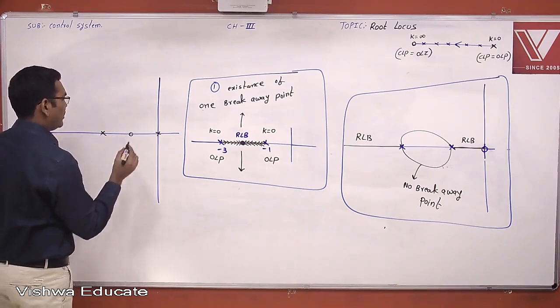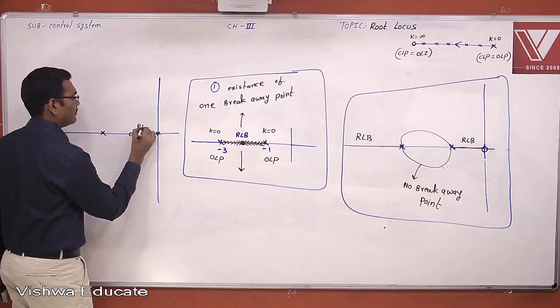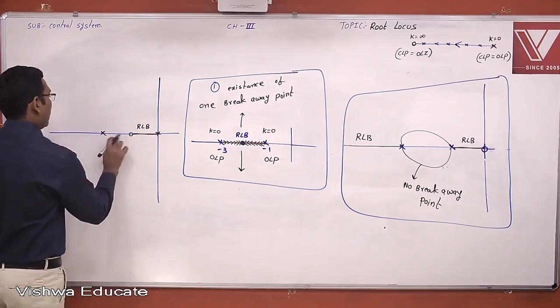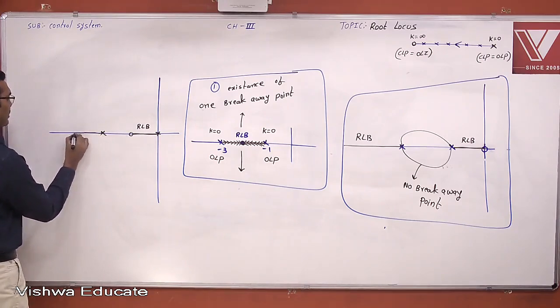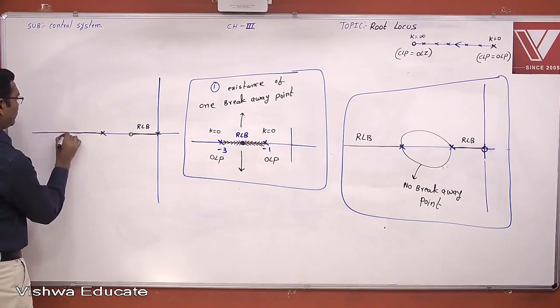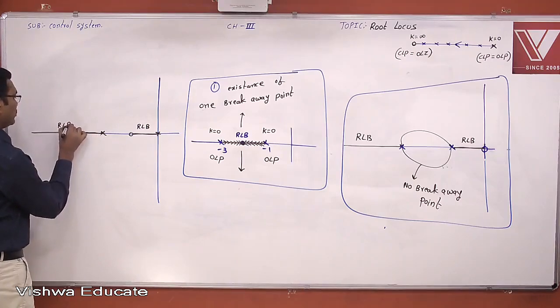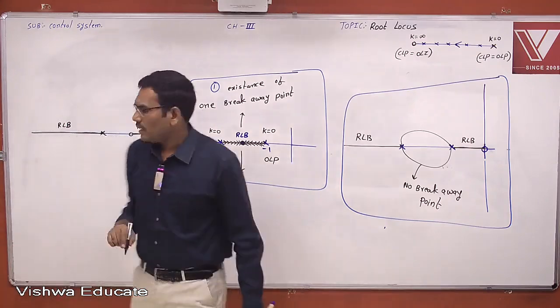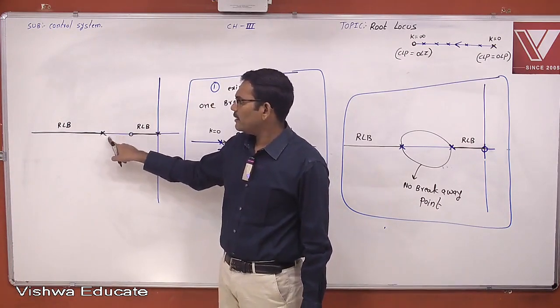Now first identify the root locus branches. There is a root locus branch here. Now there is no root locus branch. Now this entire real axis is a root locus branch. One question: on the leftmost side there is a pole.